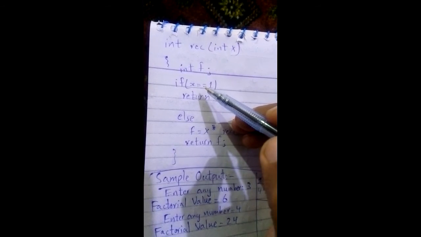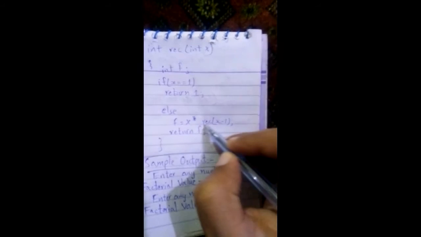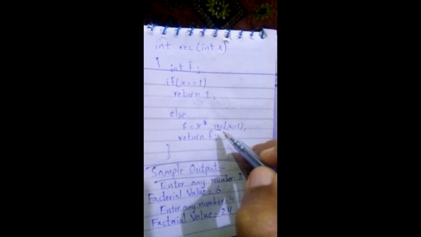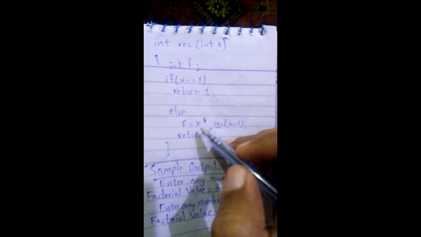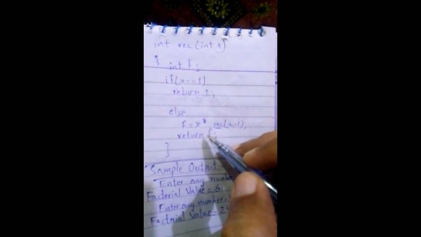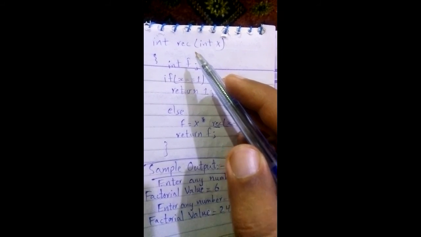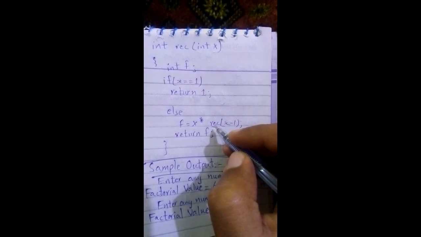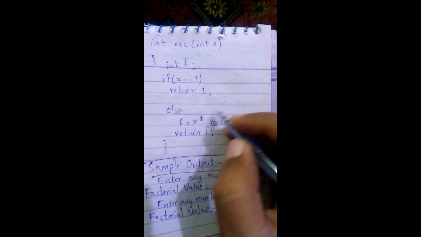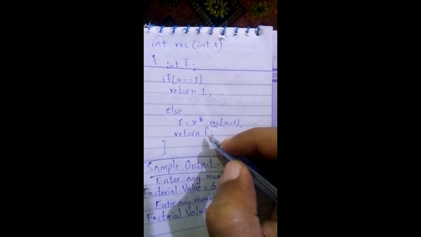If x is 1, then 1 is returned, else the function will call itself and it is multiplied with x and the factorial is returned to the function. Here the function rec is calling itself, and it calls again and again, and finally it returns f.